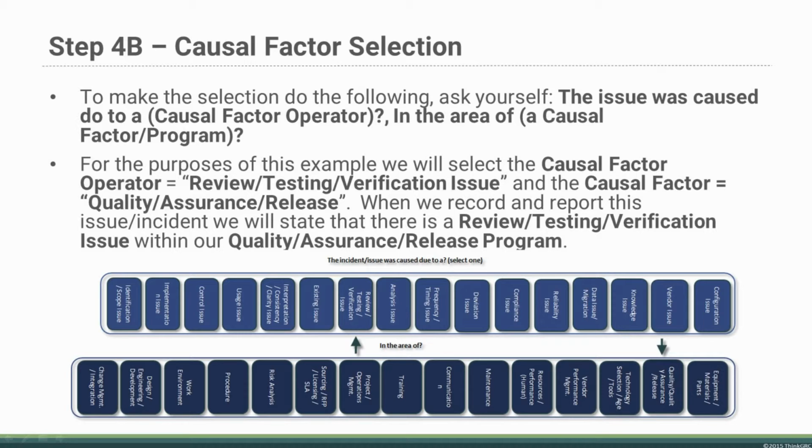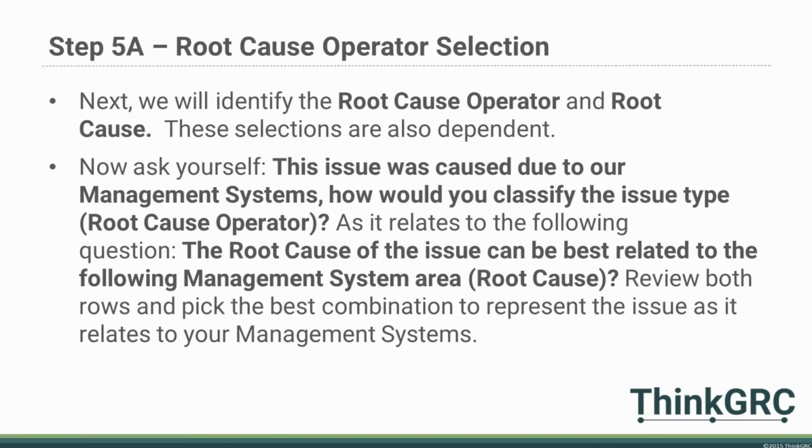For the purposes of this example, we will select the causal factor operator equal to review, testing, and verification issue, and the causal factor equal to quality, assurance, and release. When we record and report this incident, we will state that there is a review, testing, or verification issue with our quality, assurance, or release programs.